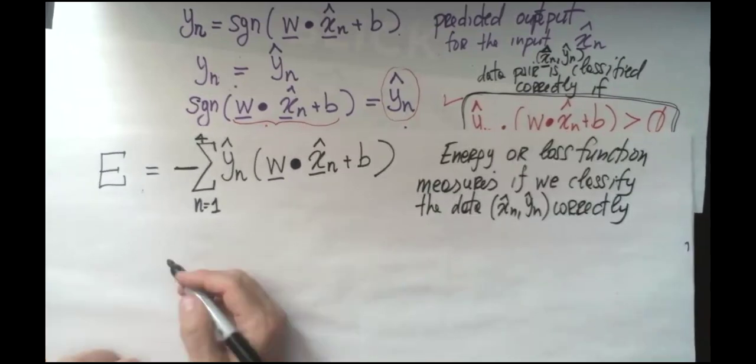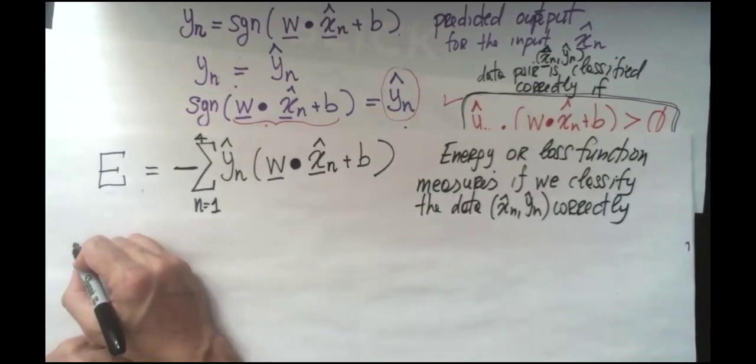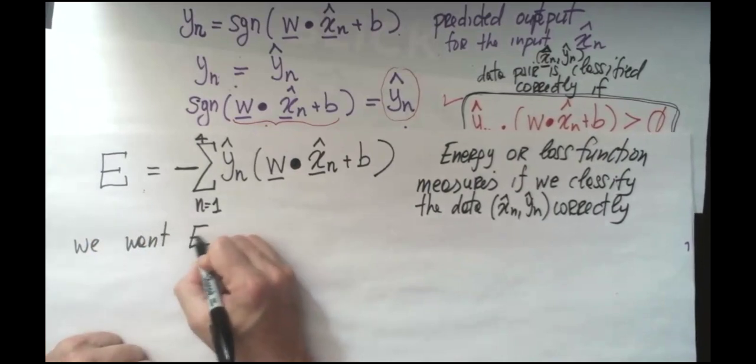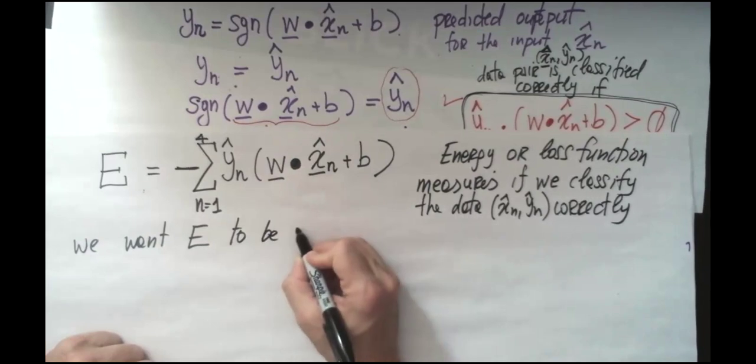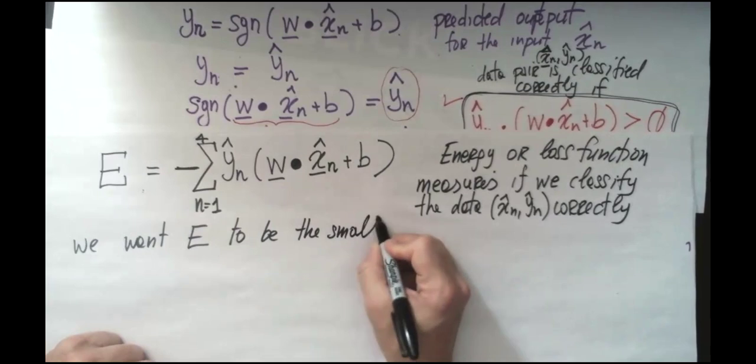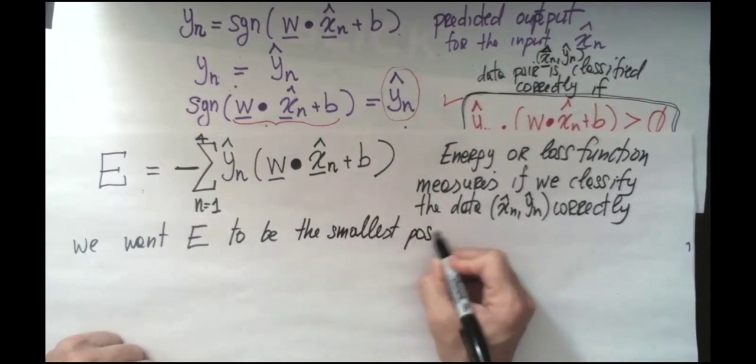Why? Indeed, we want E to be the smallest possible.